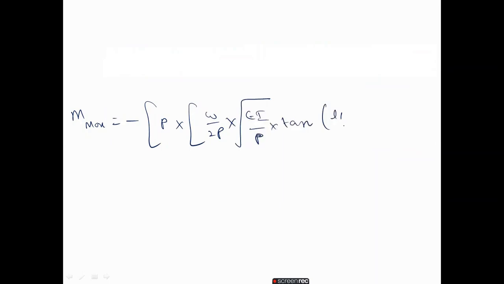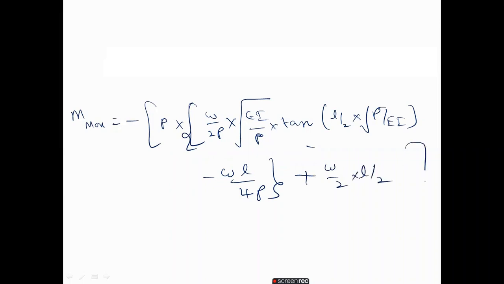That is minus P into y max, which I will write here as W by 2P square root of EI by P into tan L by 2 into square root of P by EI, minus WL by 4P. This is minus P y max plus W by 2 into L by 2.